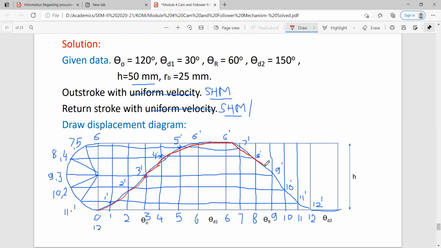I am showing the displacement diagram a little bit dark, and keeping the other construction faint.